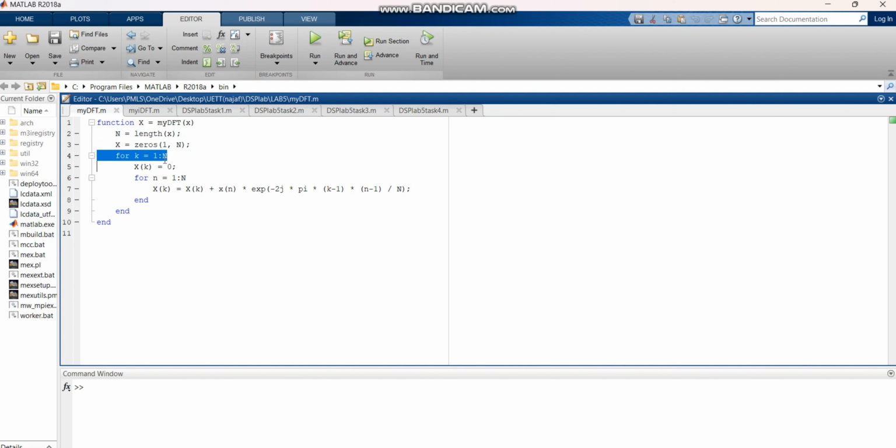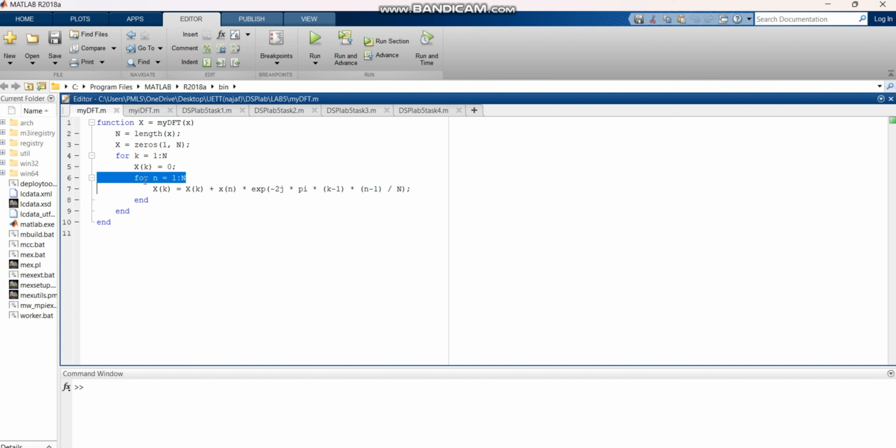This line starts a loop over the index k from 1 to n, which represents the frequency index in the discrete Fourier transform. This line sets the kth element of the output vector X to 0 before calculating its value in the discrete Fourier transform.